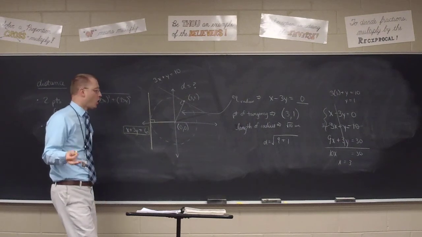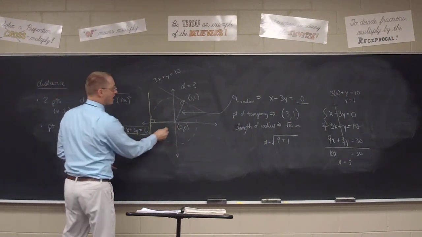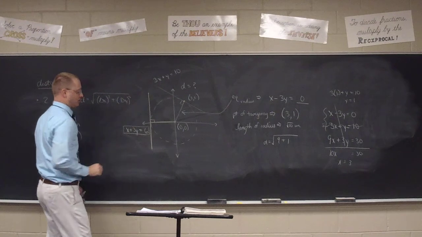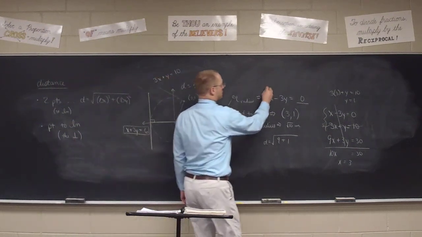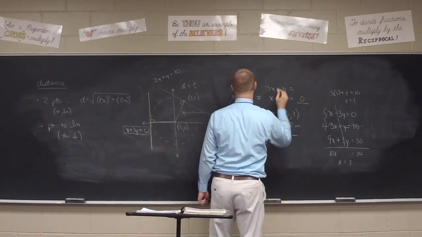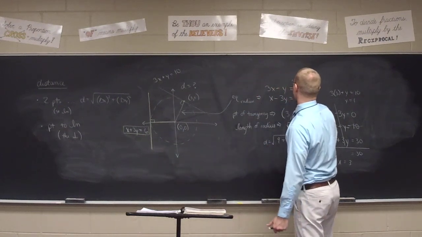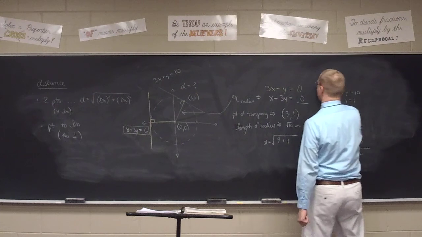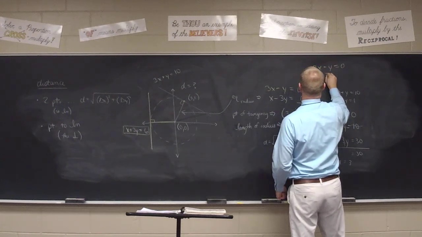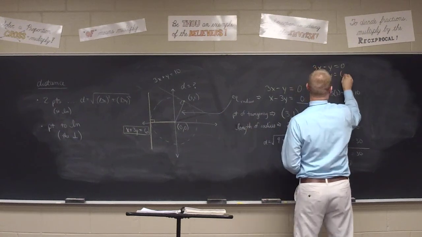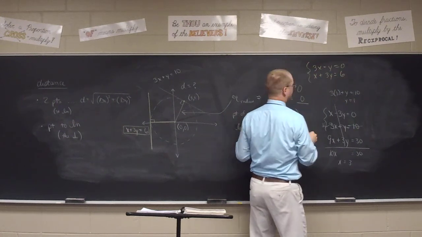So far so good? We gotta do the same thing here. What's the equation of this radius going to start out as, class? 3x minus y equals, and the only point I can plug in is 0, 0, so it's also going to be 3x minus y equals 0. So I'm going to have to take the 3x minus y equals 0 and the x plus 3y equals 6, and make a system to find the point of tangency.